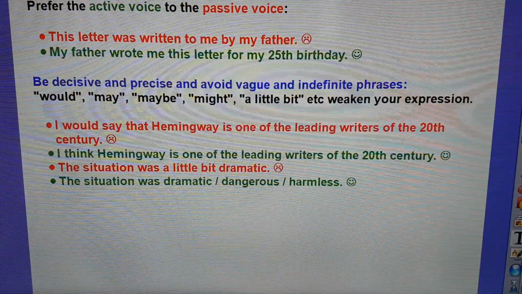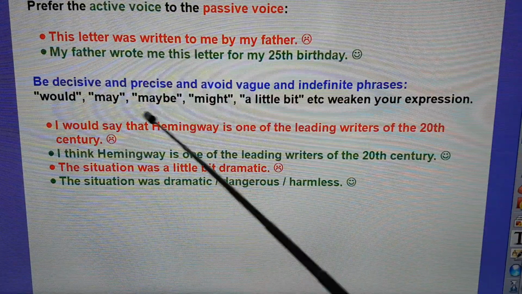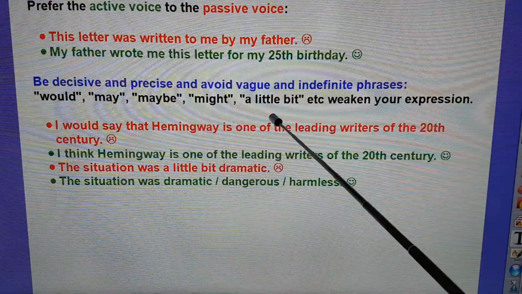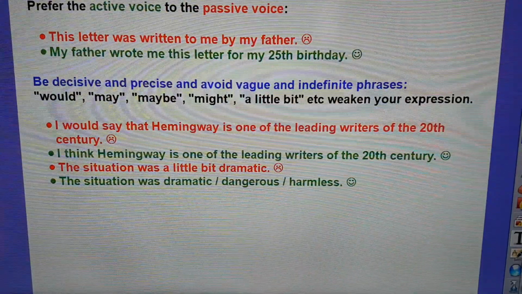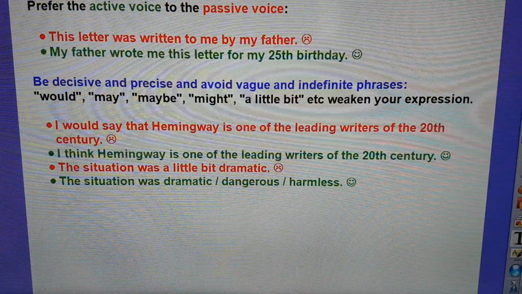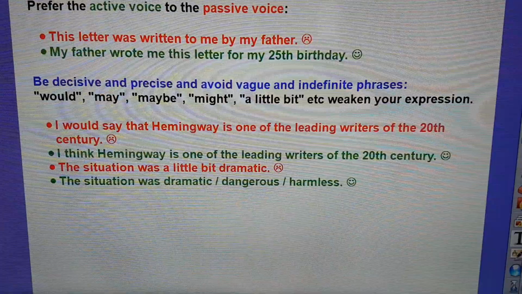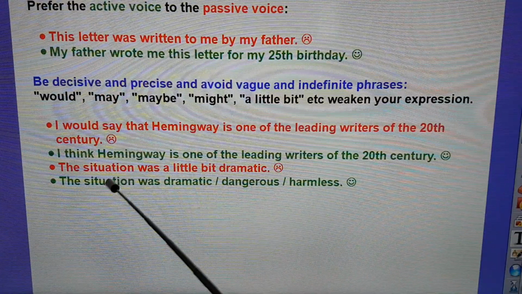Don't. Any such woulding, maying, maybeing, mighting, a little bitting, etc. is a no-go. Understand, these expressions are a no-go. Even though we love to do that.